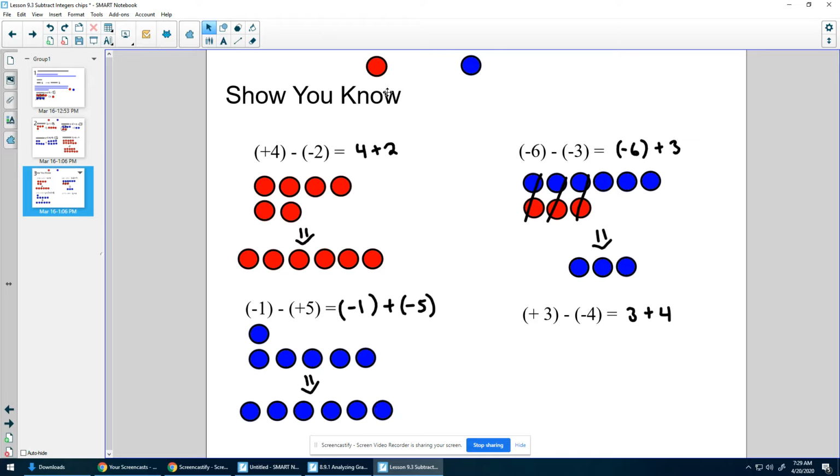And then the last one we have here is positive 3 plus 4.